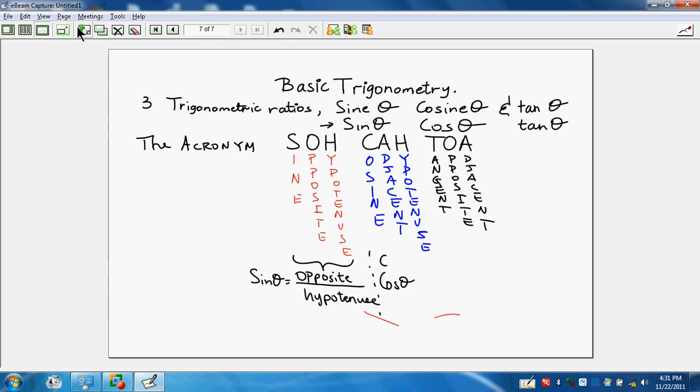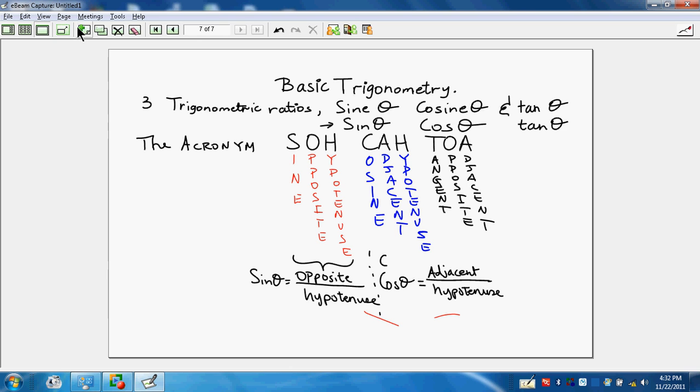Cosine theta would be equal to, in this case, adjacent over hypotenuse, right?